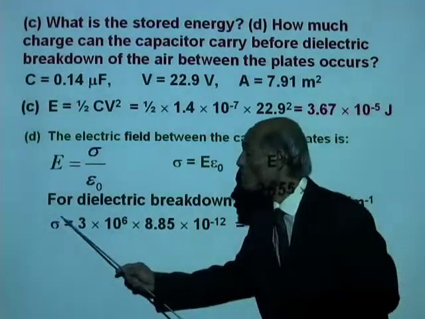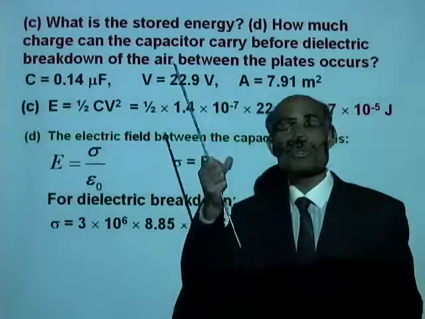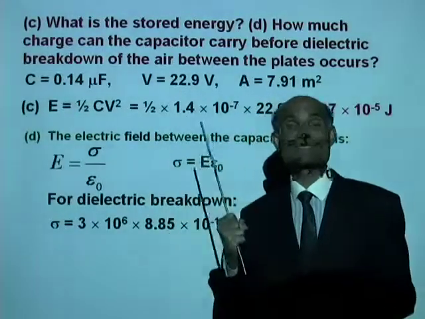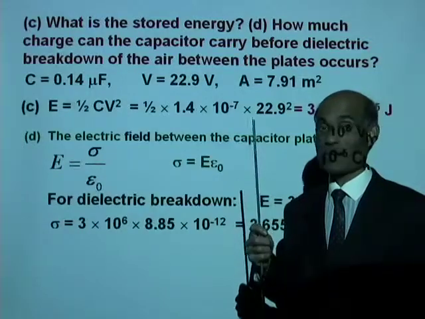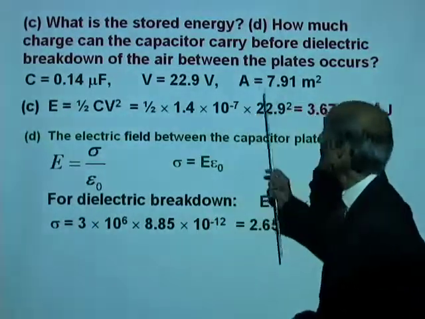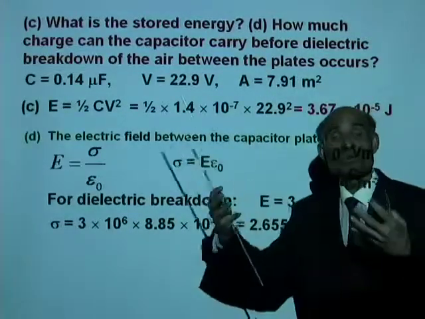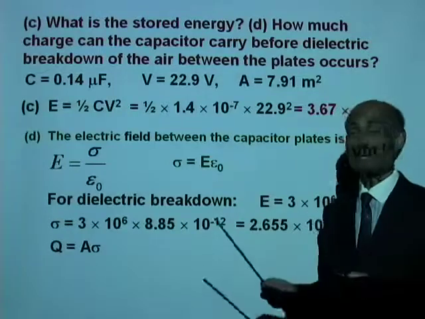Well, if you know the surface charge density, how would you find the total charge on the capacitor plates? I think that's simple, because surface charge density multiplied by the area of the plates will give you the total charge on the capacitor plates.